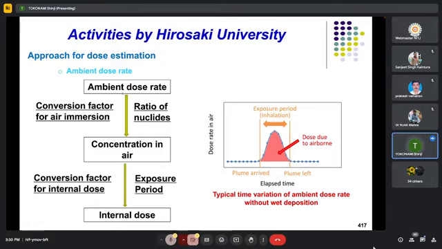The ambient dose rate conversion factor for air immersion and ratio of radionuclides, we will have concentration in air. Then, using the conversion factor for internal dose and exposure period, we will get the internal dose.